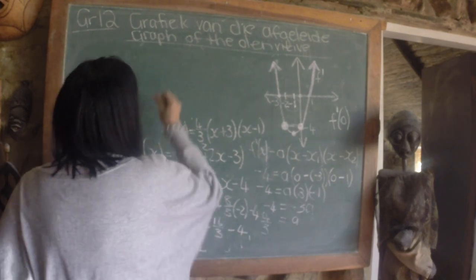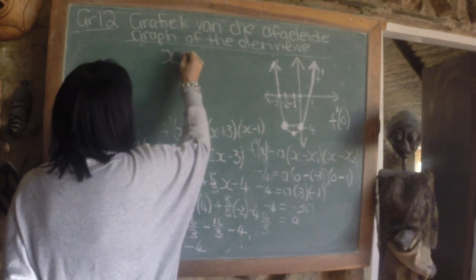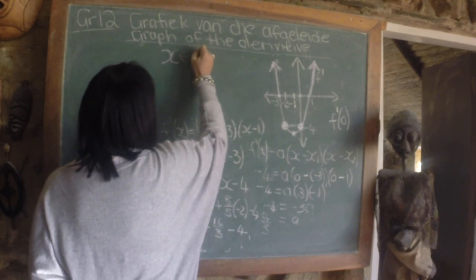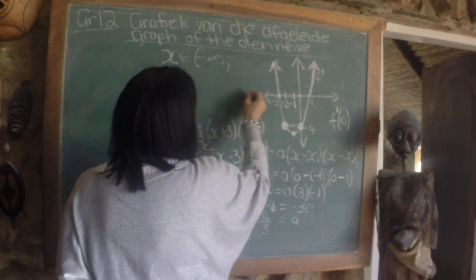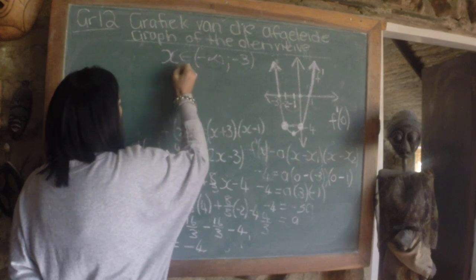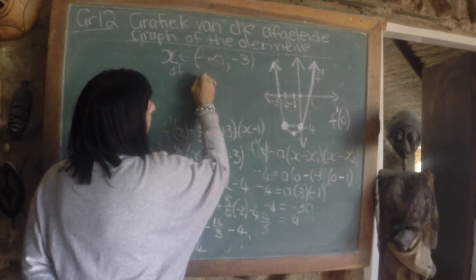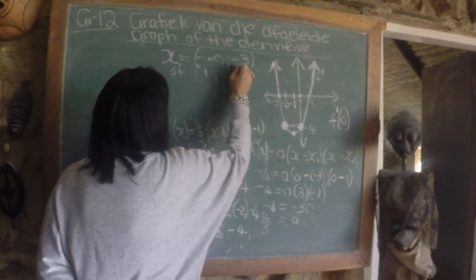Die oorspronklike funksie styg waar x 'n element is van minus oneindig tot voor min 3 of van 1 af tot plus oneindig.